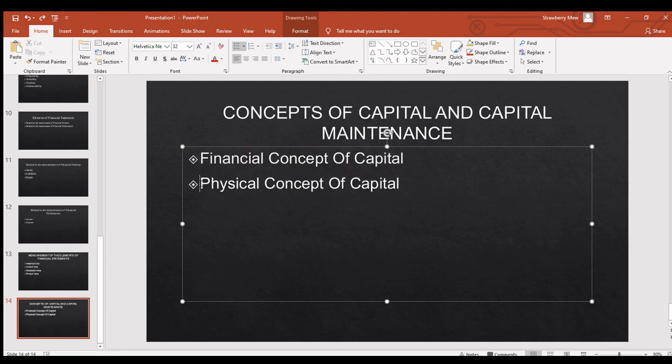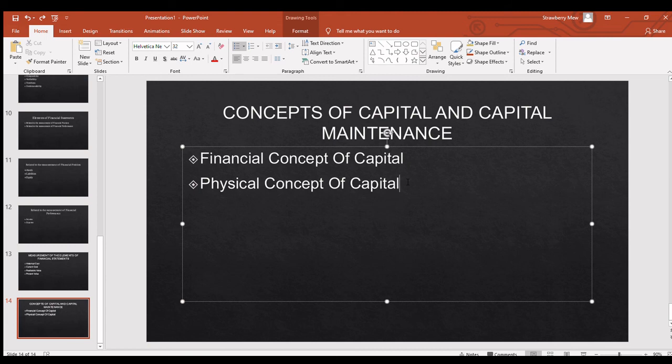Pero yung physical concept of capital naman, capital is regarded as the productive capacity of the enterprise. Okay? So, for example, a profit is earned only if the physical productive capacity of the enterprise at the end of the year is bigger than the physical productive capacity of the enterprise at the beginning of the year.